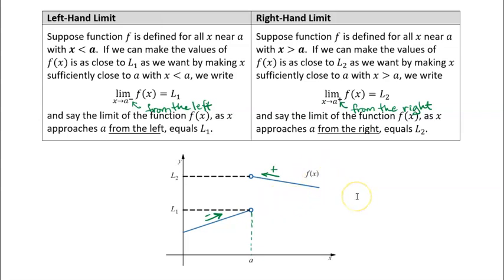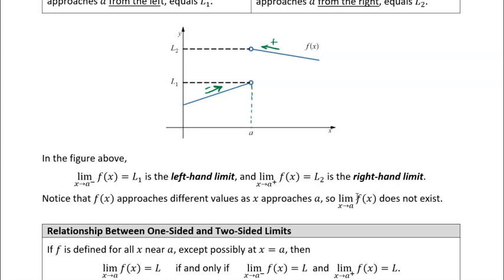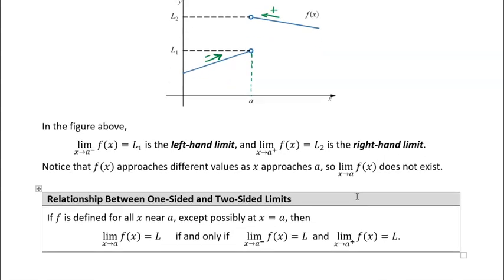But now, if the two values when we approach from the left and the right are equal to each other, then we can just write that the limit as x approaches a is whatever that limit is. Just like when we did the limit as x approaches 2 of x squared, right? We were approaching 2 from the left, we approached 2 from the right, we get the same values, so we can just write the limit as x approaches 2 of x squared, right?